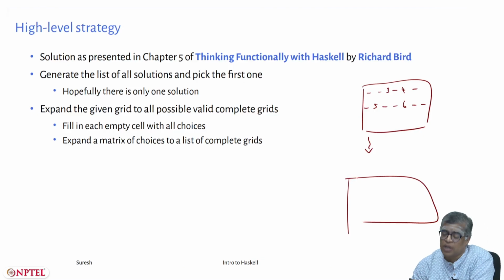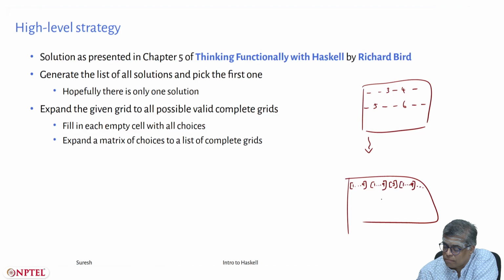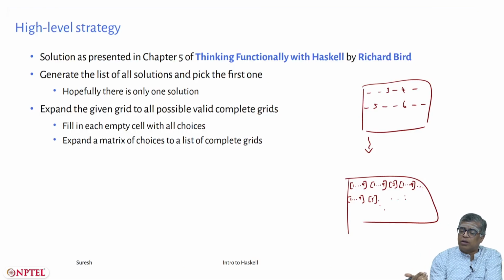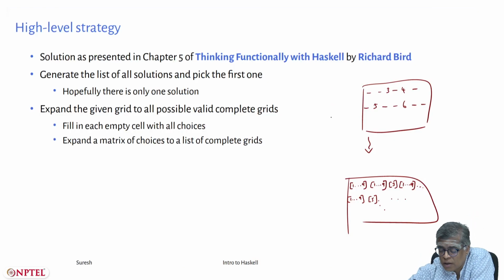So instead of single characters, you put a list. Instead of a matrix of characters, you have a matrix of digits, you have a matrix of choices.